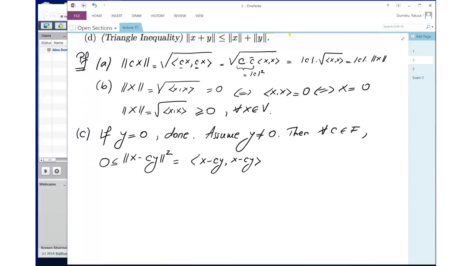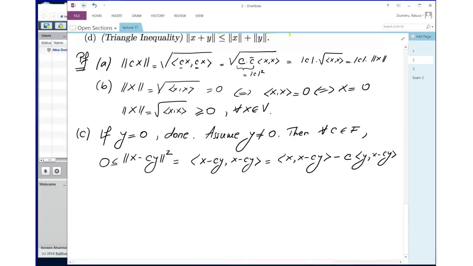We're going to start distributing and splitting this. So first, using the first entry, I can also pull out that c. So it's x comma x minus cy, minus c y comma x minus cy, and I pull the c out. I don't know why I pulled it with a bar, because it's in the first entry, right?